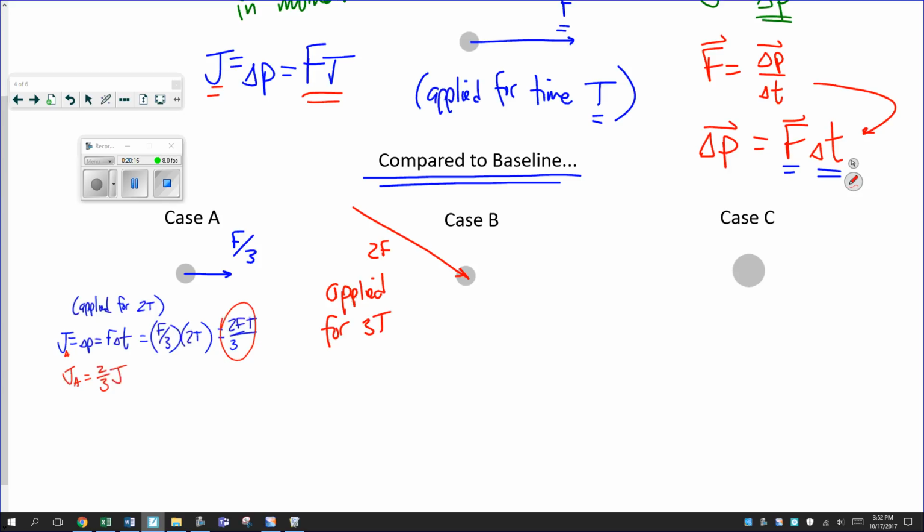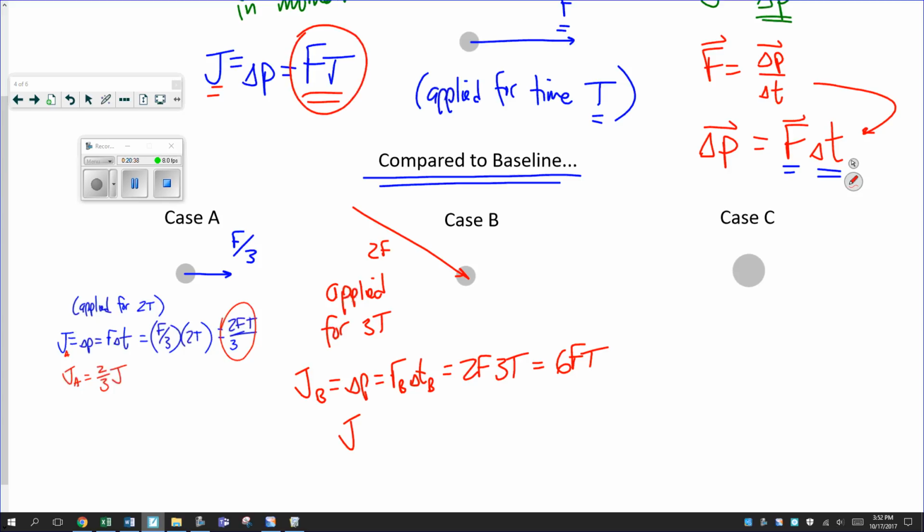Well, this J in case B, the change in momentum, is F_B times delta T. F_B is 2F times 3T, and that's 6FT. Remember, our regular baseline case was FT. This is 6FT, so this case is 6 times the baseline. This object's momentum will change 6 times more than the other object's will.